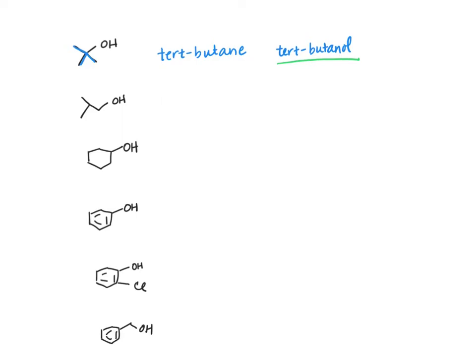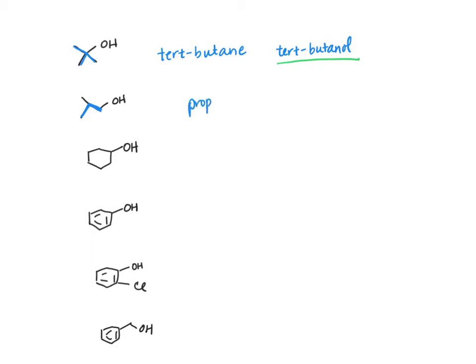In our second example, we still have a tert-butyl backbone, but now it's not the main backbone that we should be focused on. We should be focused on this part, which is giving us propanol.